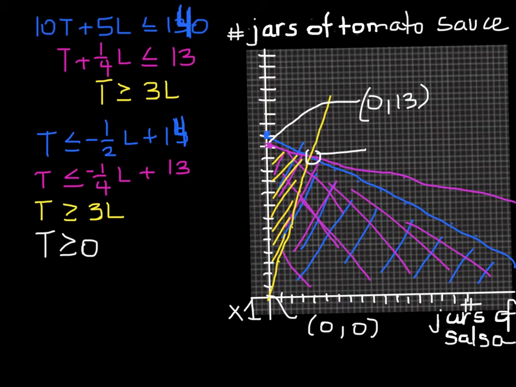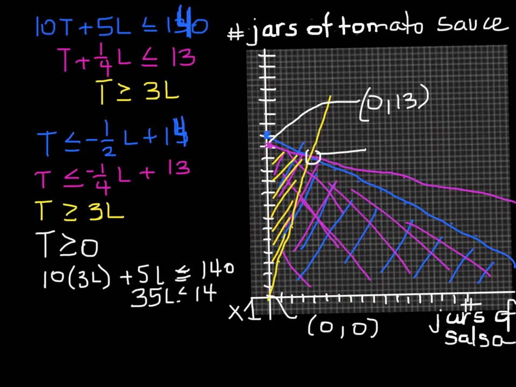And what I get is 10, 3L plus 5L is less than or equal to, because I'm solving it, 40. This is 35L is less than or equal to 140. Sorry, these really should say equal, because I'm solving where they are equal, where they are touching in one point.